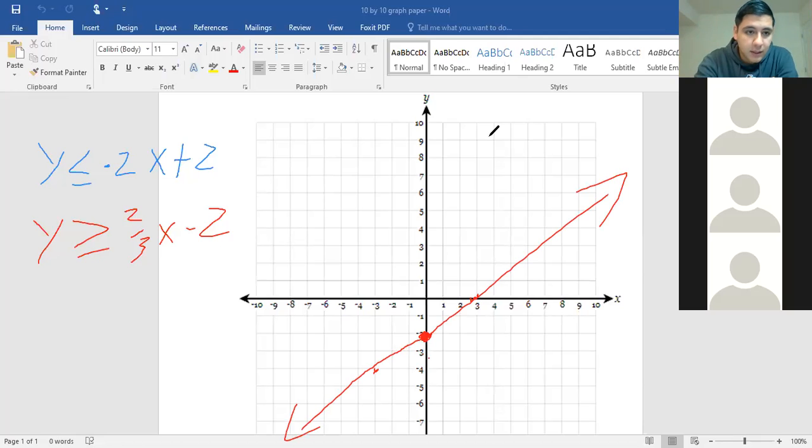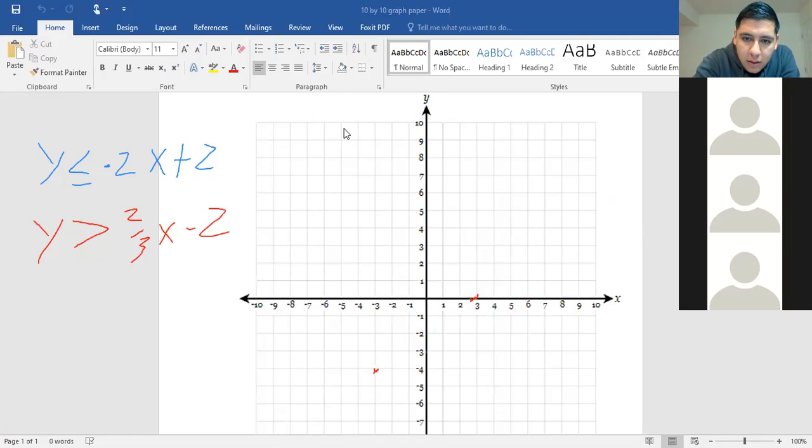So actually, you know what? I kind of got my notes wrong here. This is actually not equal to. So this would actually be a dotted line. There we go, dotted line.